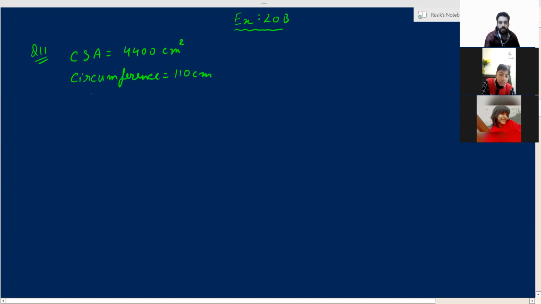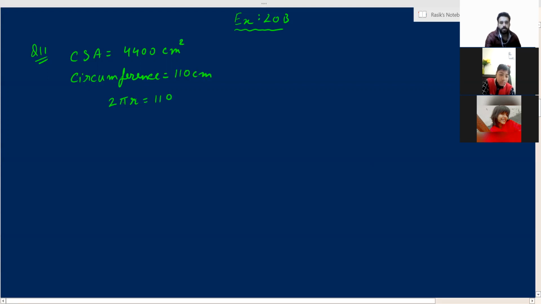To find the volume, we need the radius and height. So from where we can find the radius? We know that circumference of the base of a cylinder is 2 pi r. Why 2 pi r? Because the base of a cylinder is circular and the circumference of a circle is 2 pi r. So we can say that 2 pi r is equal to 110.